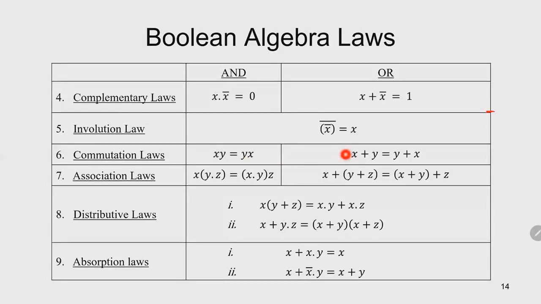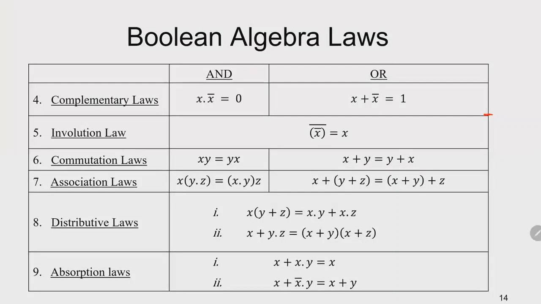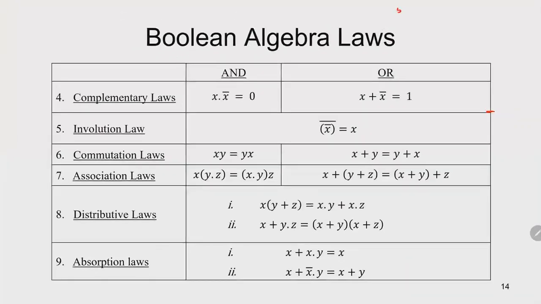So in terms of logic gates, going for the fifth one, it means that if I put x, y through my AND gate, it's the same as putting y next to my AND gate.